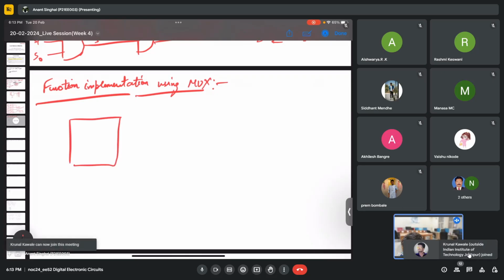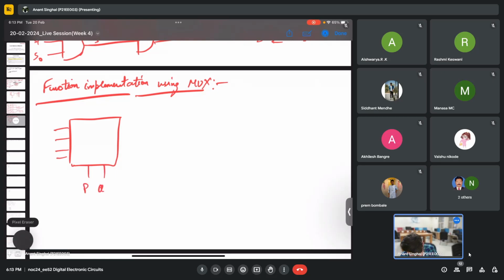Let's start with a basic mux, that is a 4 cross 1 mux. Let's say it has two select lines such as p, q, and it has certain inputs, let's say in terms of the variable r, randomly I have written them. And I now have a function of p, q, r as an output. So we need to compute this particular function, that is F in the form of p, q, r.